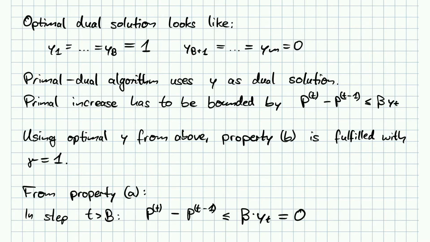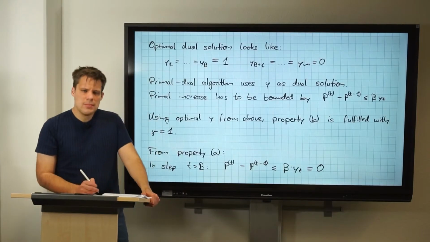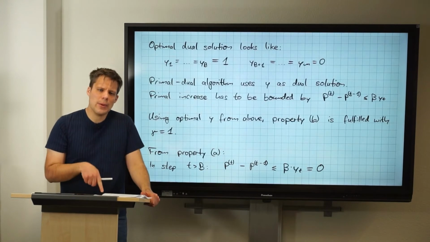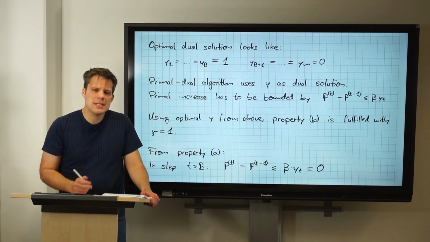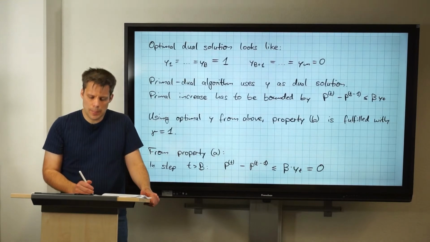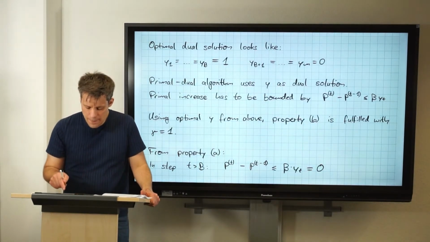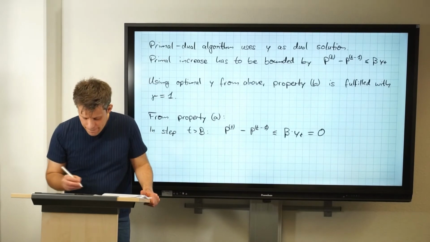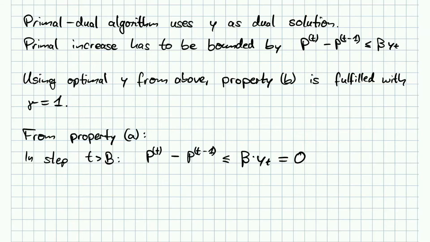They are not spending anything, so the primal increase has to be 0. And what does this mean? This means that our algorithm will have to make sure that the skis are already bought by time B. So what we'll need is that x_t^buy is already equal to 1.